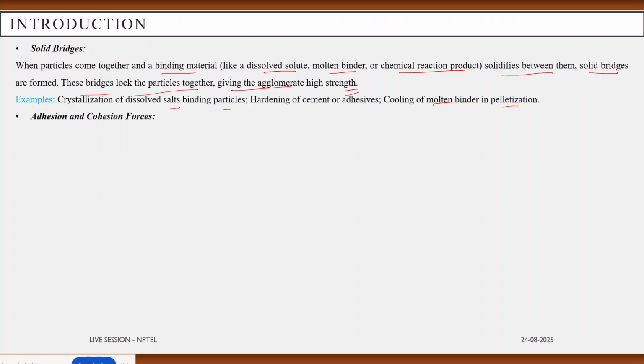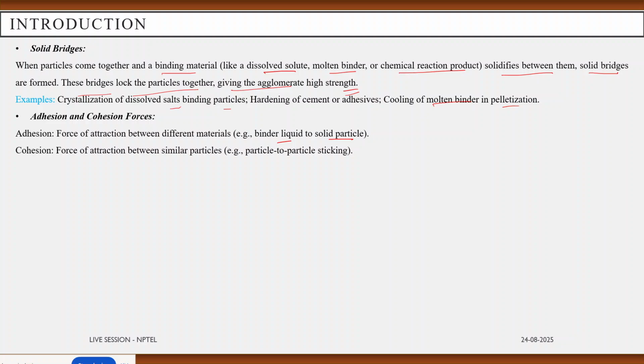Next, the forces responsible are adhesion and cohesion forces. Adhesion force means the force of attraction between different types of materials, like a binder liquid and a solid particle. The force acting between those two different materials is the adhesion force. Cohesion force is just the opposite: when similar particles have an attraction force between them, that is known as cohesion. Particle to particle sticking can be considered as cohesion force.